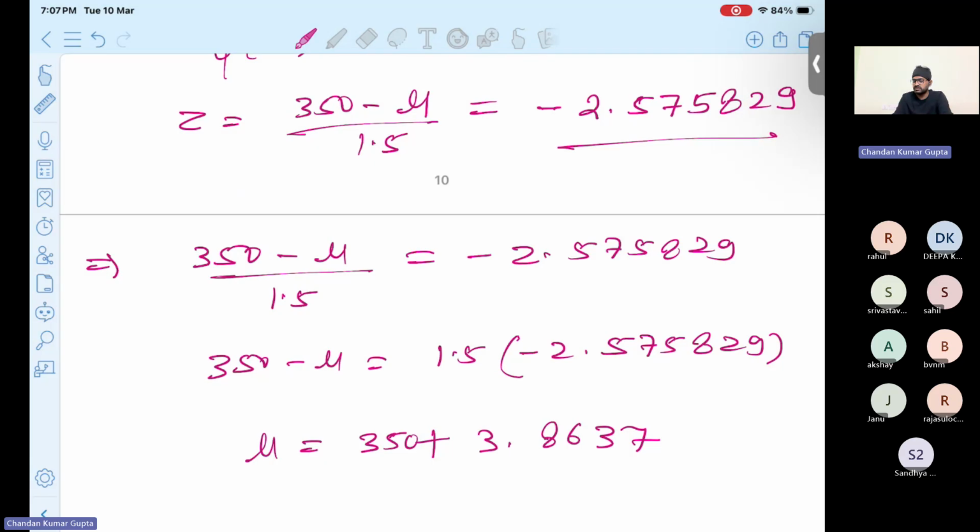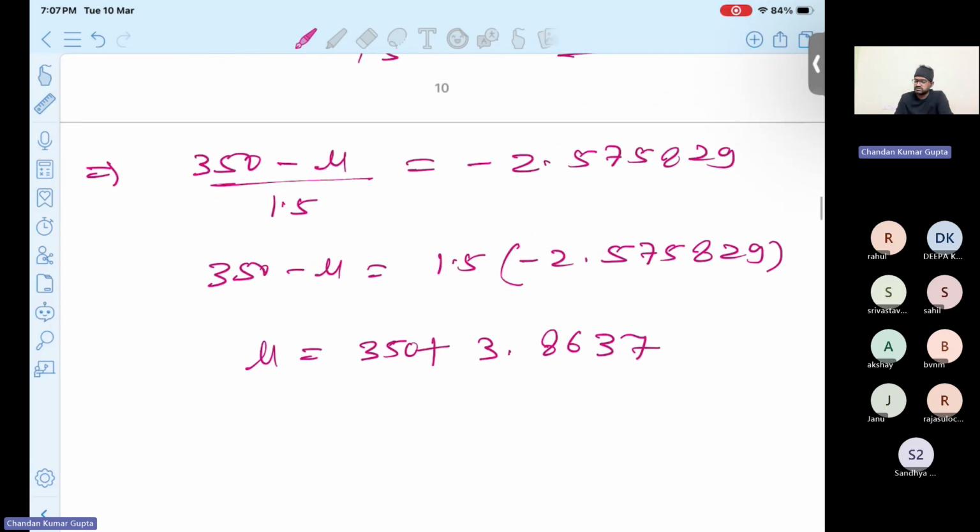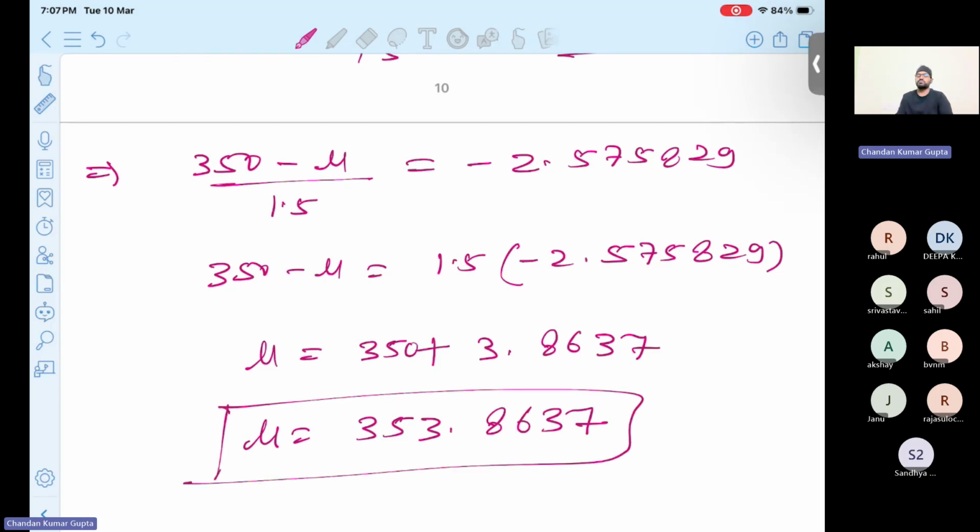Okay, this can be calculated like this, and then mu is equal to 353.8637. So the population mean comes out to be 353.8637. Okay, so this is how we solve this question.